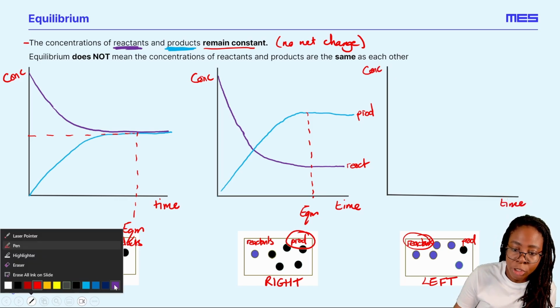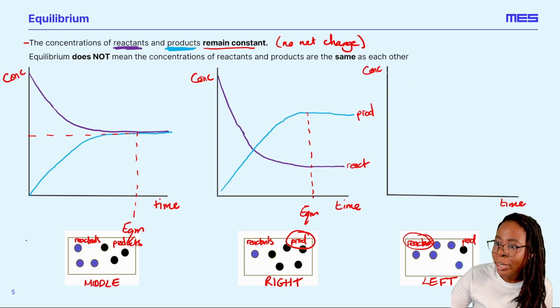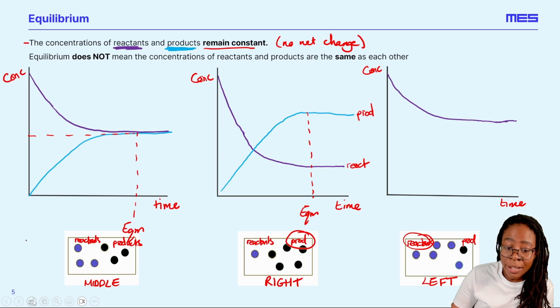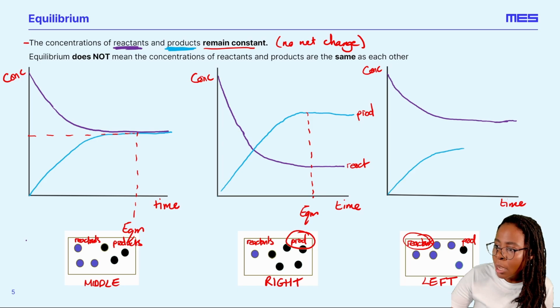Again, same general shape. The concentration of reactants is going to decrease over time and then gradually plateau once the concentration no longer changes. And then the concentration of the products is going to gradually increase over time until the concentration no longer changes.